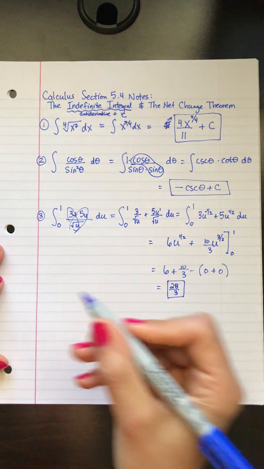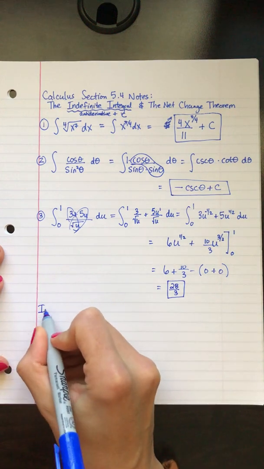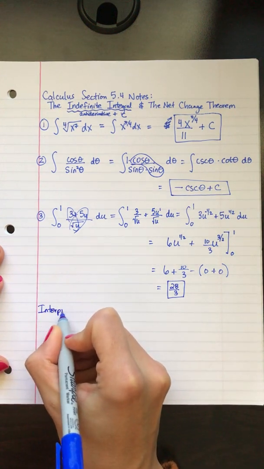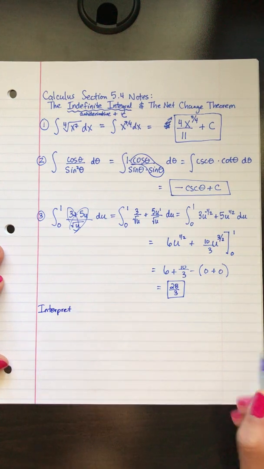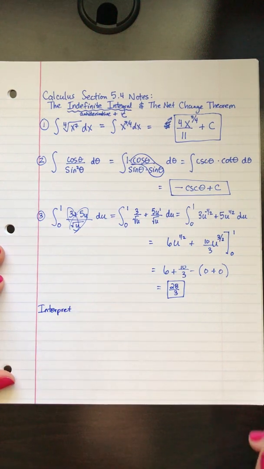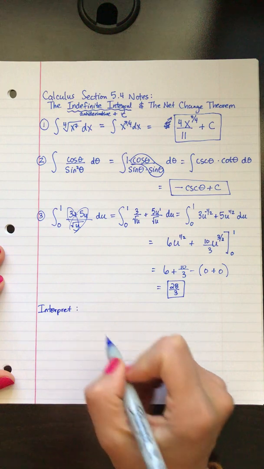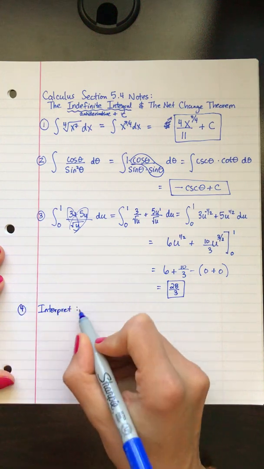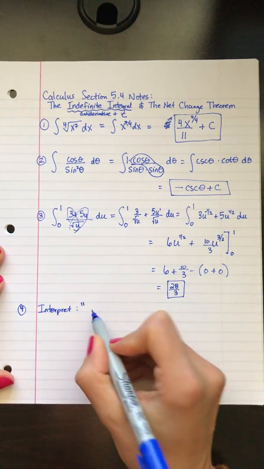Okay, so now here's what I want you to do. I want you to interpret. Let's see how much we understand about integrals. Interpret the following statement. So this can be example 4. Here we go.